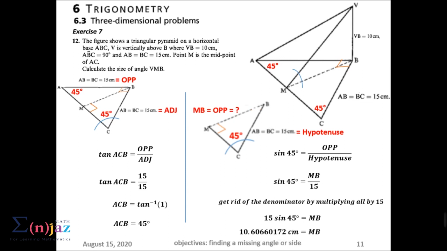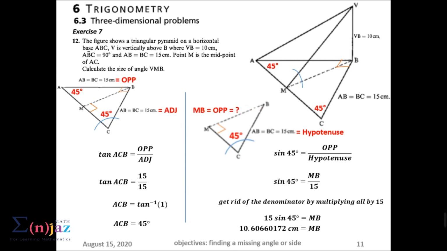If you insert this in the calculator, you end up with 10.60172 centimeters. If you want to round this to 3 significant figures, the first figure is 1, the second is 0, the third is 6, so you stop at the 6.